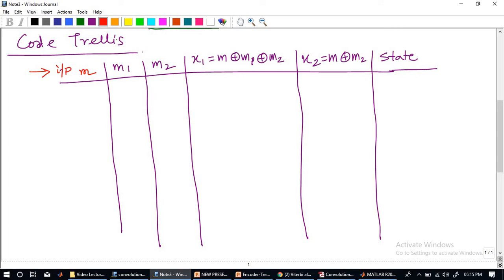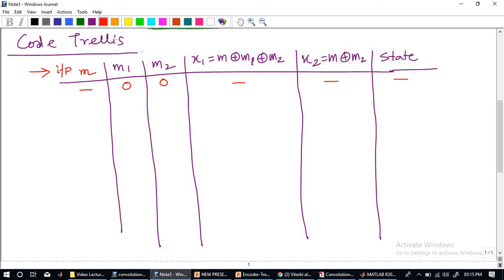These are the components of the encoder circuit that we are looking at, right? Now, first of all, we will put m1 and m2 as 0 when there is no input. When there is no input, m1 and m2 contain 0 naturally, and your x1 and x2 don't exist. So we will have this as the initial state of the table.